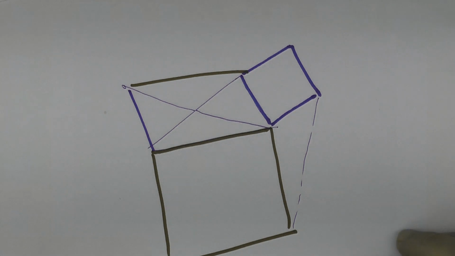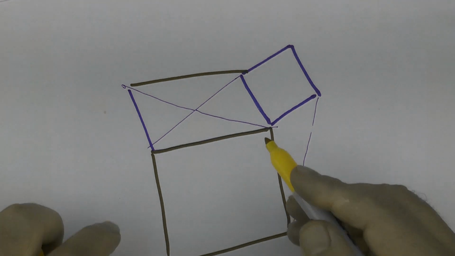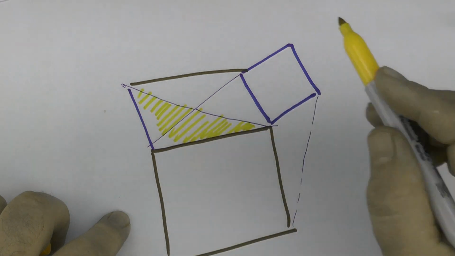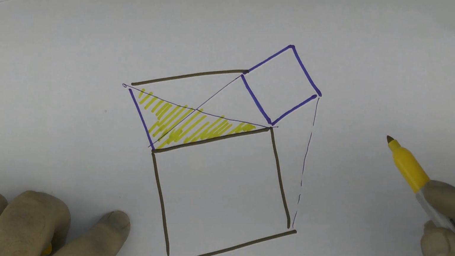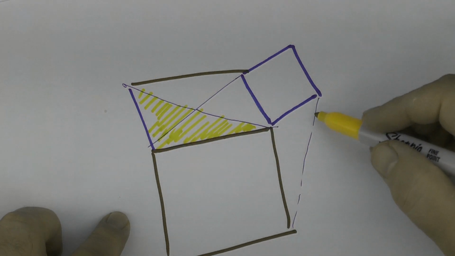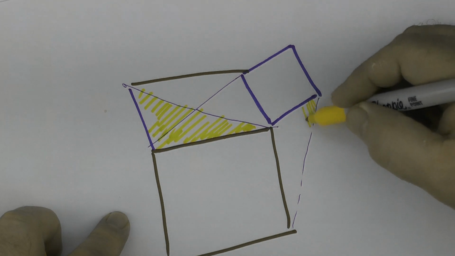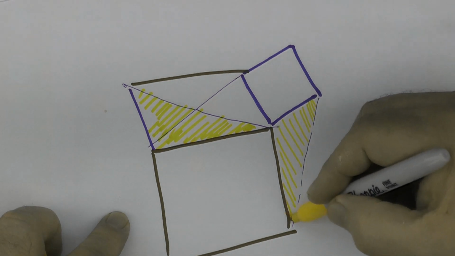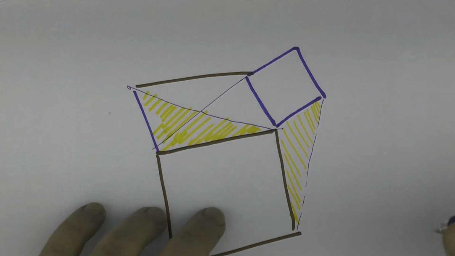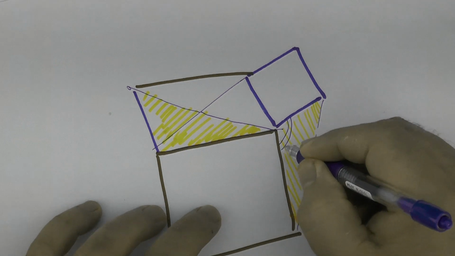So now looking at this triangle, let's shade it green. It has 2 segments equal to this triangle, to this yellow one. And if we show one more angle equal, the angle in between, we are done. So let's show that this angle is equal to this one.